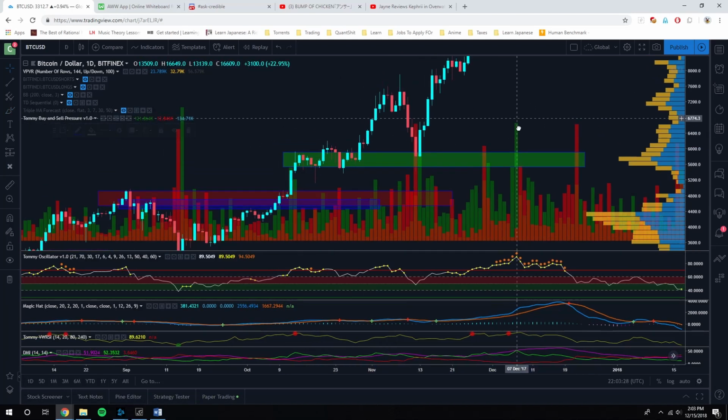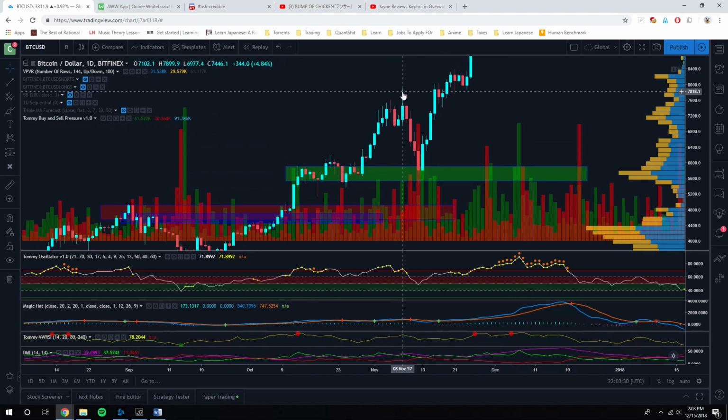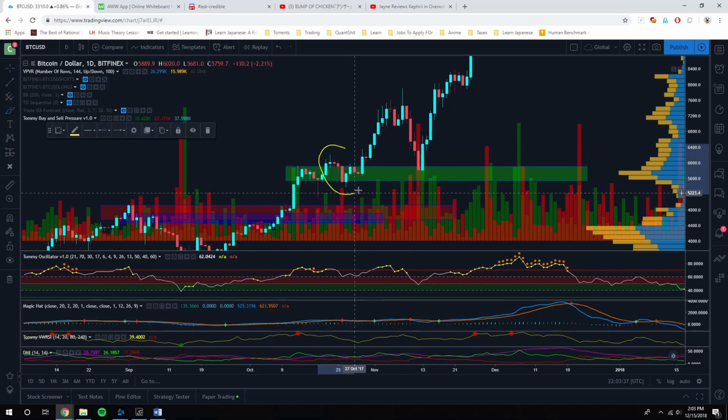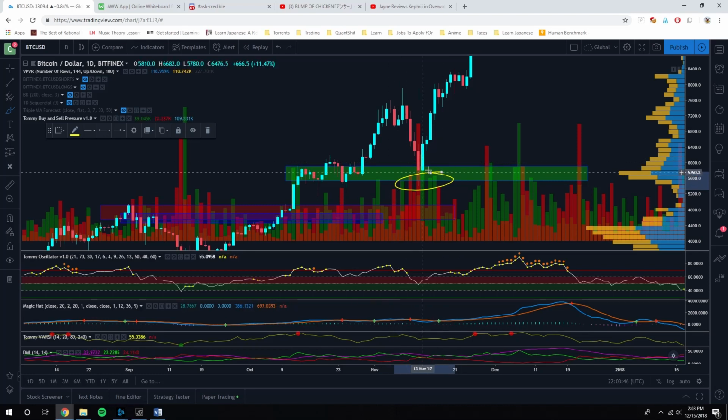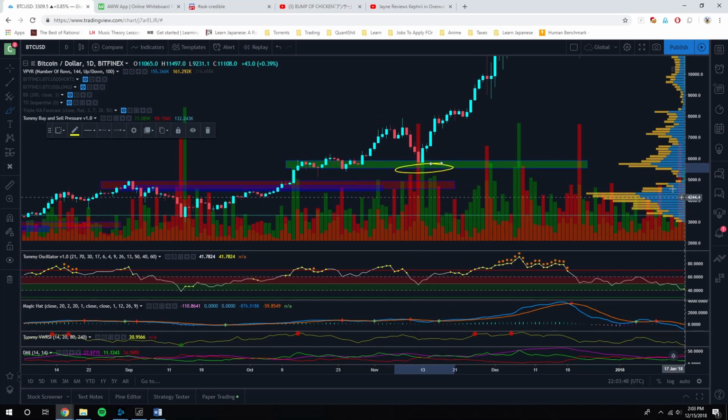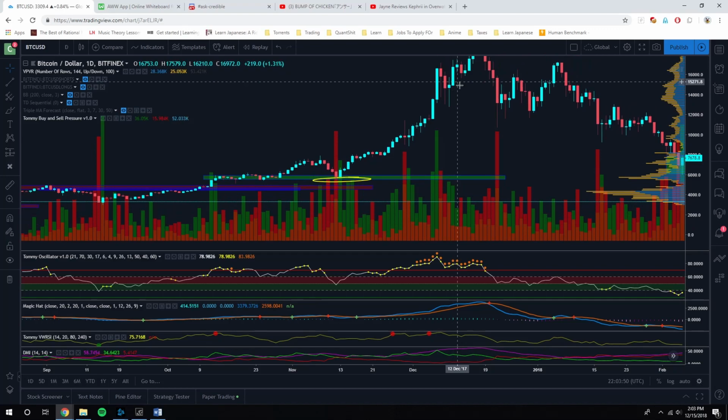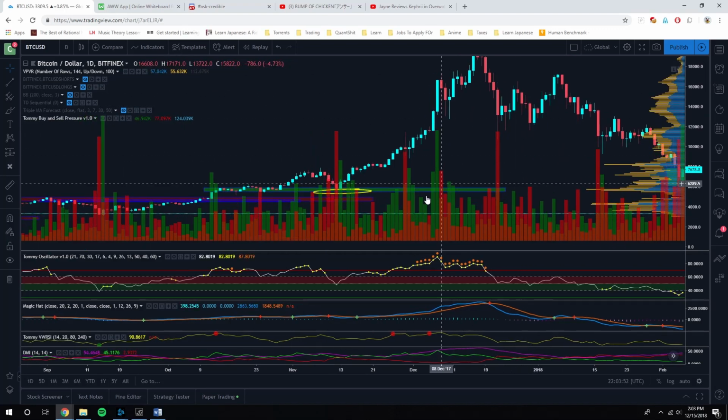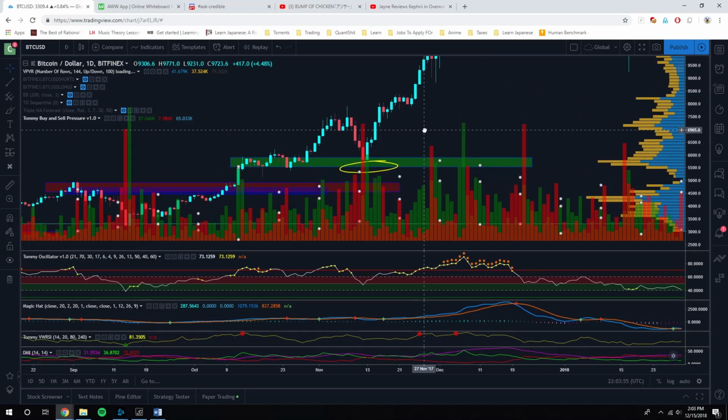And as you can see, when it rolls all the way up, you could have waited until it retested this order block over here on this dump attempt, which held. So you could have bought at this support order block level. This would have been a great entry because you could have rolled this all the way up to 20K, way up here. This is a good example of a support order block.